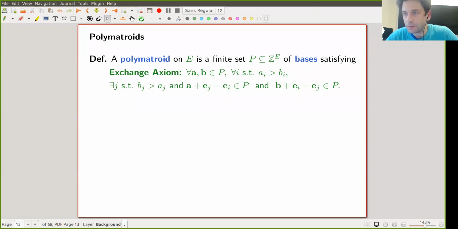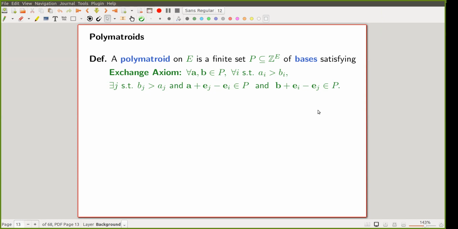Okay, any other question? Yes, do you need both A plus e_j minus e_i and B plus e_i minus e_j in P? I mean, in the matroid case, you don't need both. Yeah, this is a strong form of the exchange axiom. So the exchange axiom, you can write it in strong or weak form. You can prove that the weak form implies the strong form in matroids.